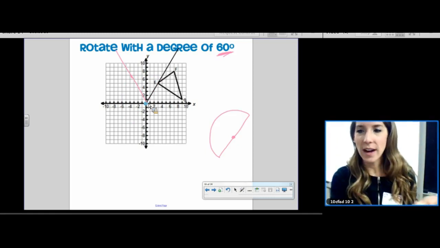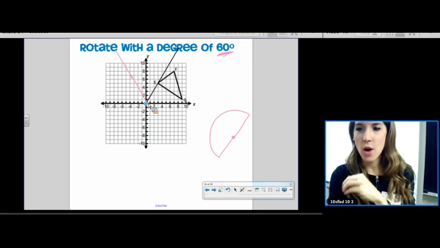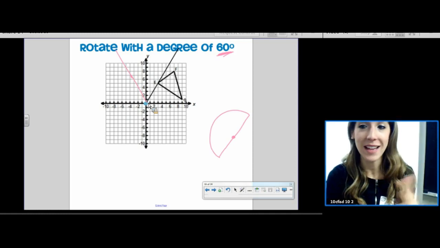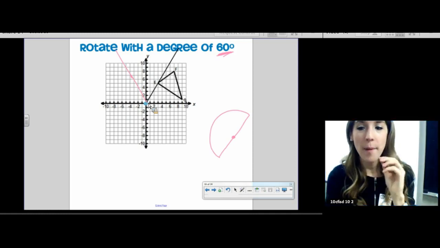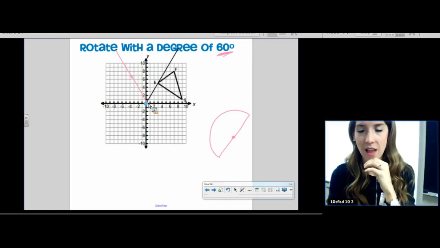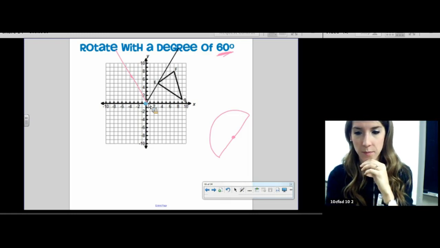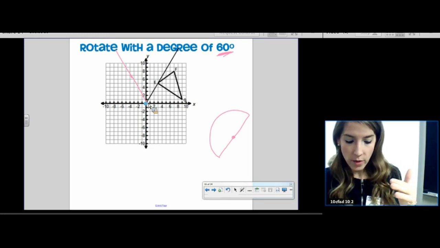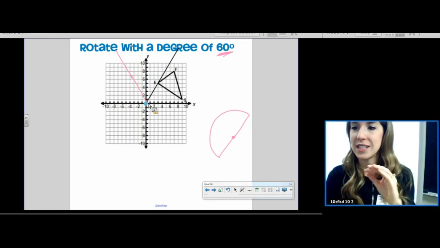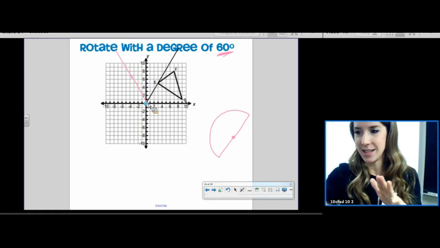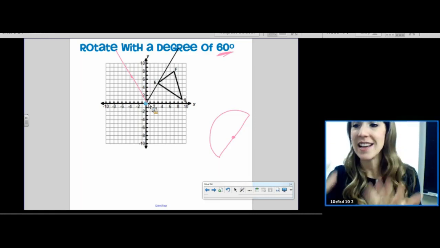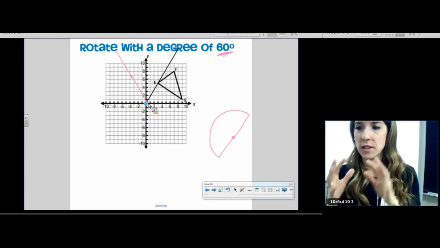Now the question is, where does E go? Because I know E prime lies somewhere on that pink line, but where does E prime lie on the pink line? Now, when the numbers are pretty, you could just count the distance. You can count the rise and the run, and they're integers, and it works out pretty.